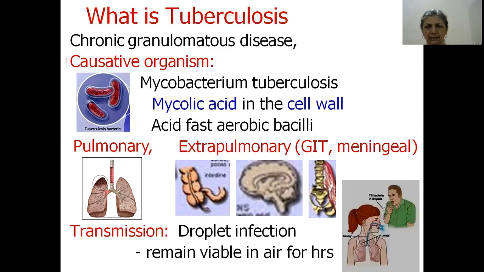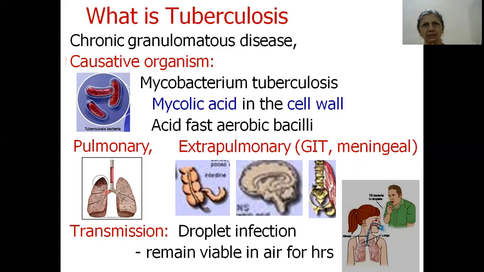And as we already discussed, the transmission of infection from one patient to other individuals is through droplet infection. The tubercle bacilli exhaled either through cough or sneeze of a TB patient can remain viable in air for hours together. Therefore, it is not a must that a TB patient sneezes or coughs in front of you in order to catch that infection.